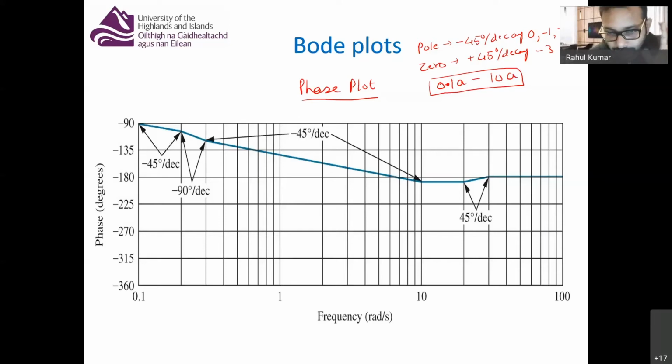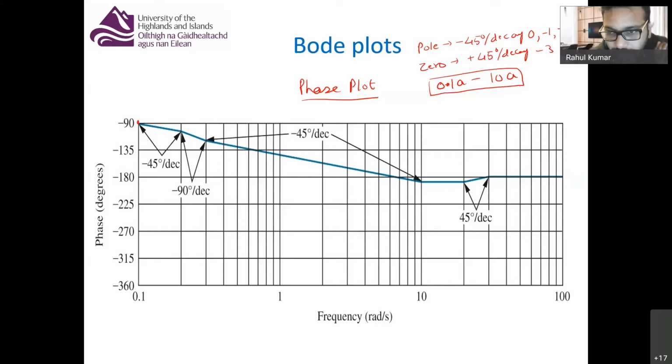Now let's try and understand the phase plot here. First thing is the starting point. Because of the scale, we cannot see the exact value, but my phase plot is starting from minus 90 degree.